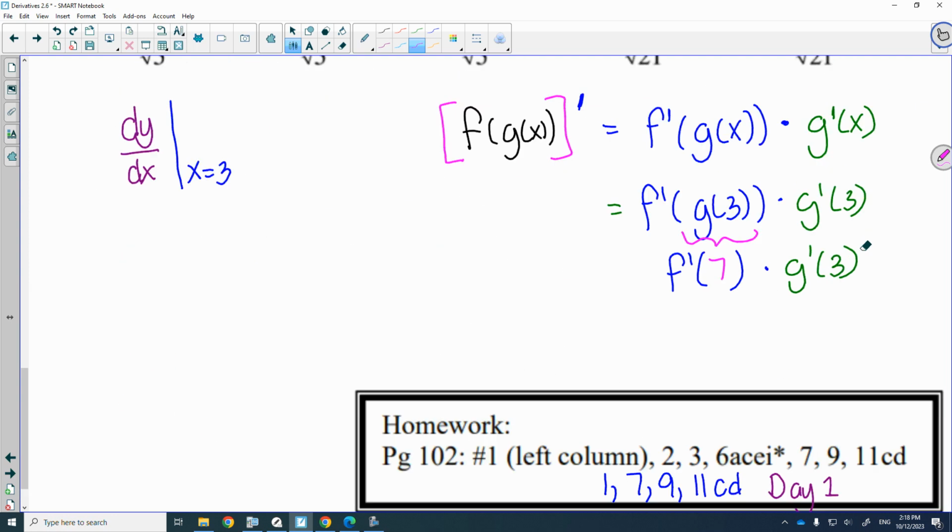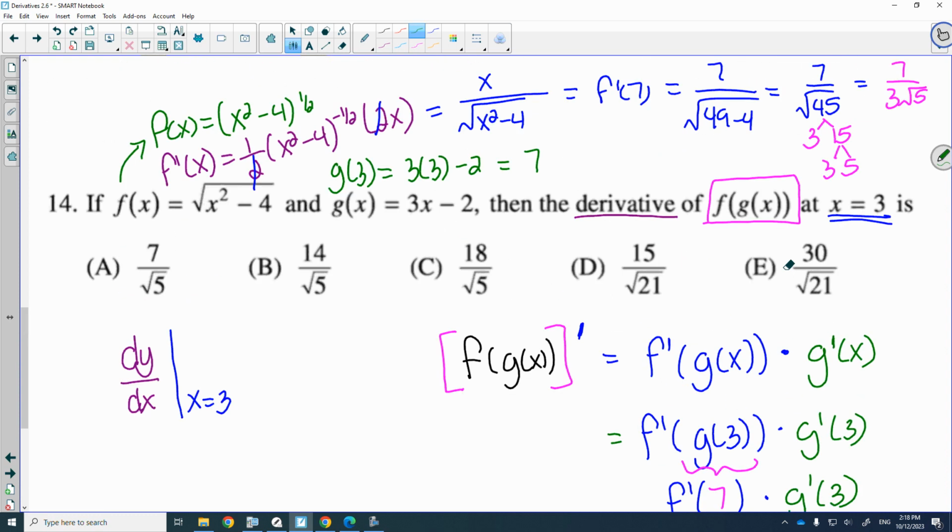Okay, so let's write that. Times g prime of 3. So g prime, here's my g of x function. G prime of x would be, what's the derivative of g of x? It would just be 3, so it's just a constant.